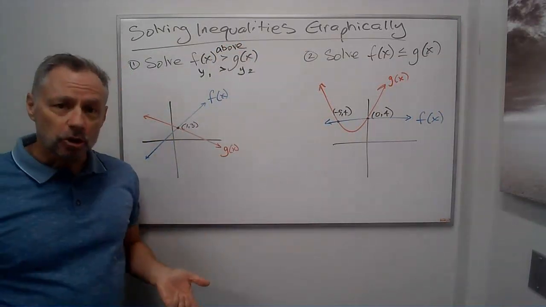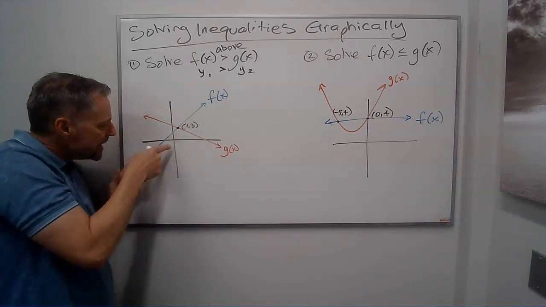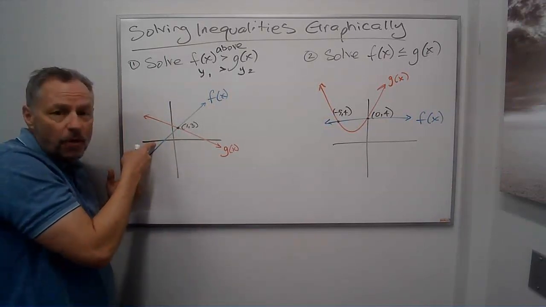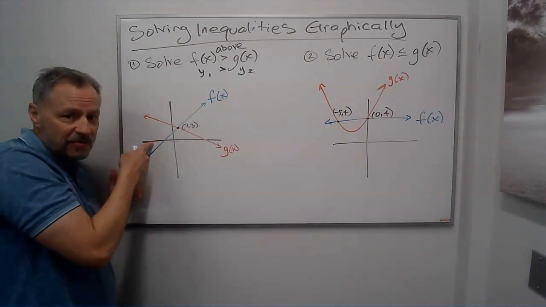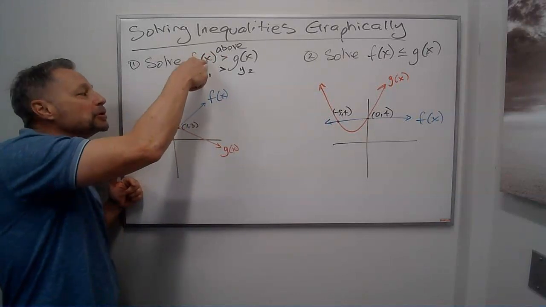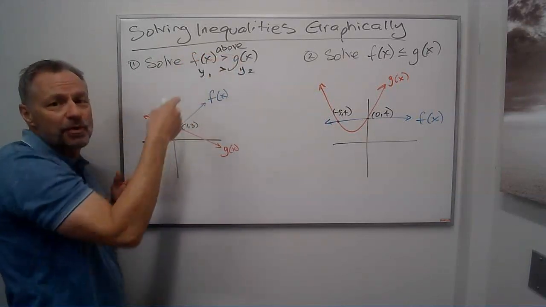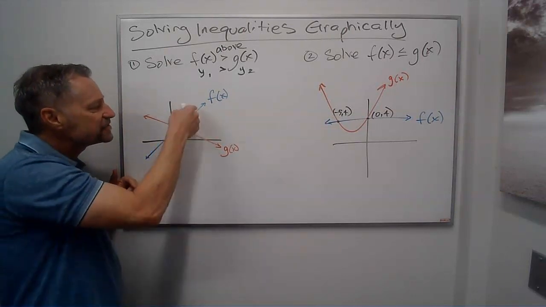And so we just look where that happens. Well, at whatever this x value is, say -4, the red graph, or the g graph, is above the blue graph, the f graph. So it doesn't satisfy this. I want to know where the blue graph, or the f graph, is above the red graph, or the g graph. Well, it's over here. For any of these x values, it's above.